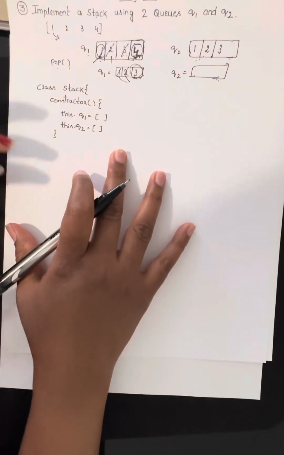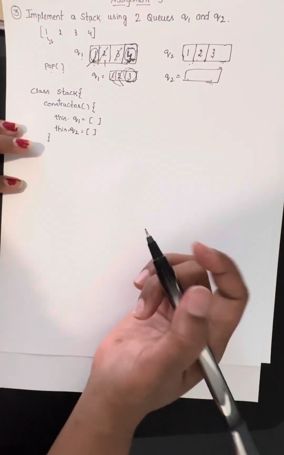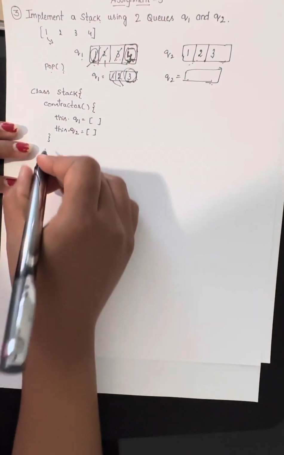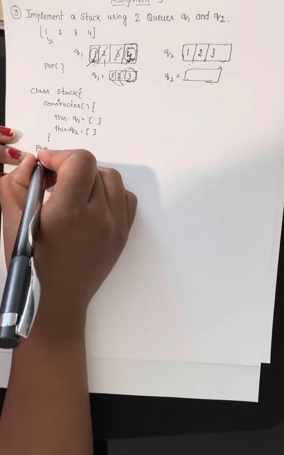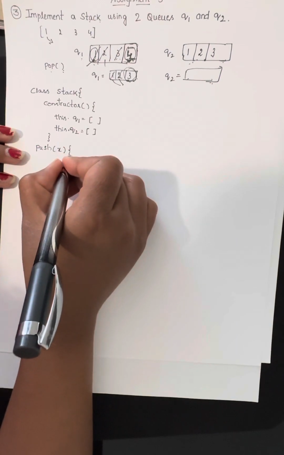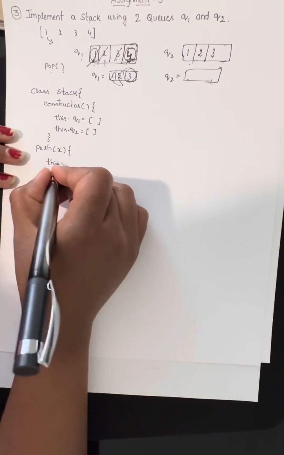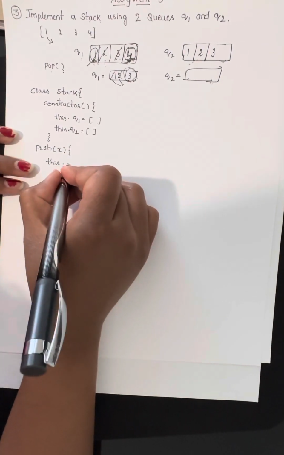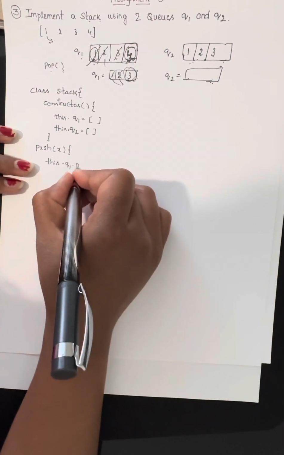Now we need to write two methods. The two methods for the stack are push and pop. First let's write the push method. For push, all we do is push the elements to Q1.